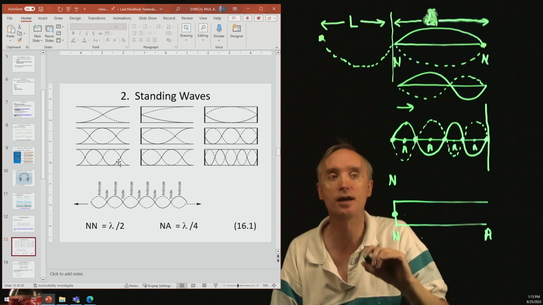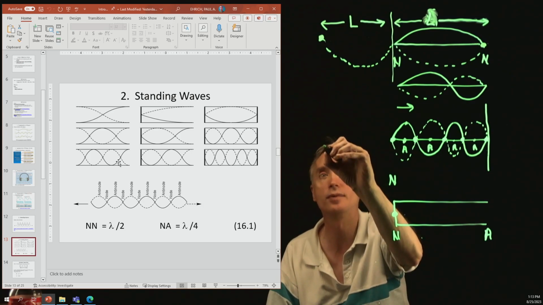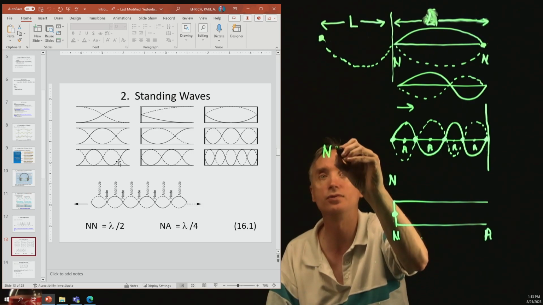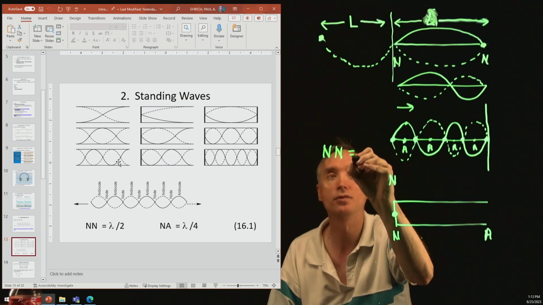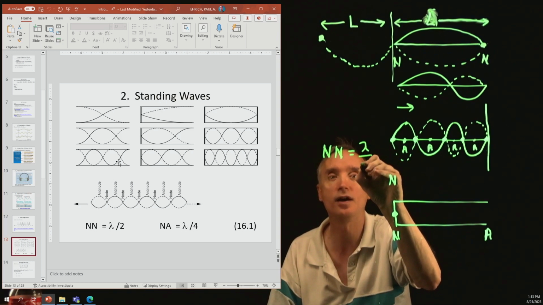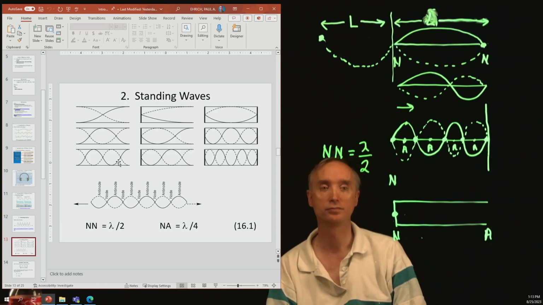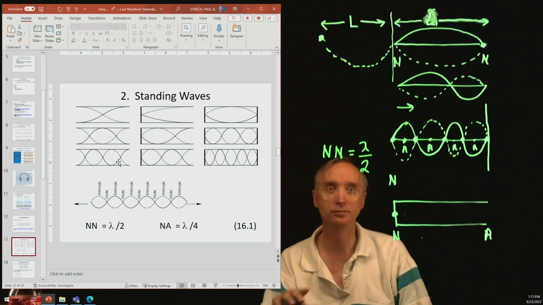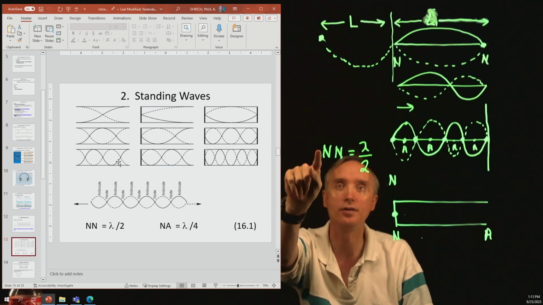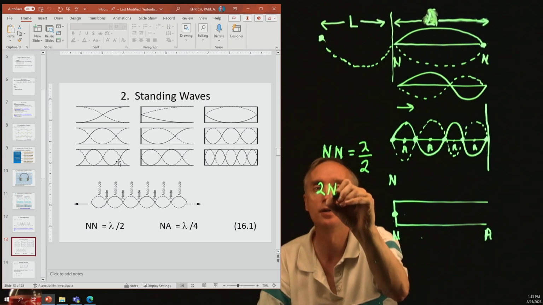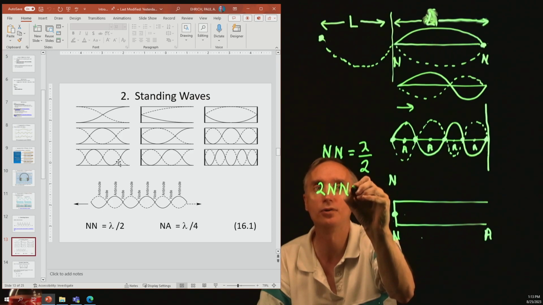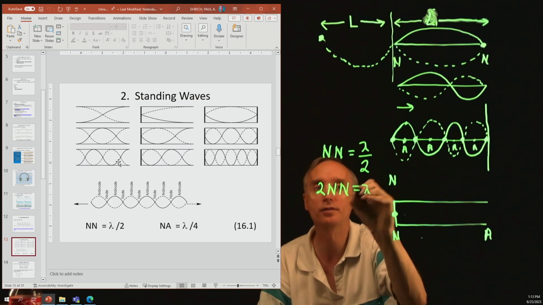So notice that the distance from a node to a node is going to be equal to the wavelength divided by 2. Or let's put the 2 on the other side. So we could say that 2 times the distance from a node to a node is equal to the wavelength.